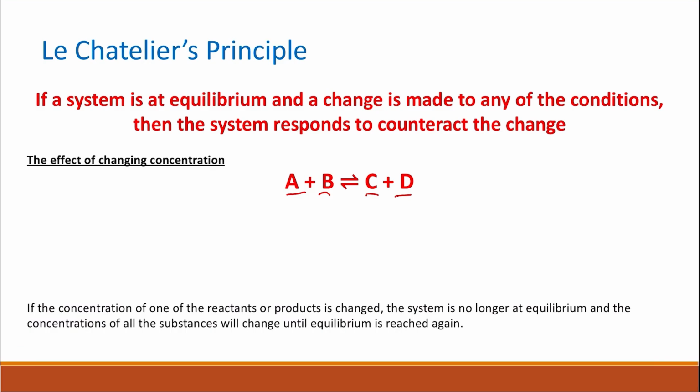So how will the system respond? Let's see what happens if we increase the concentration of one of the reactants, reactant A. The system will respond by trying to re-establish the ratio, so it will try to decrease the concentration of reactants and increase the concentration of products, which means the forward reaction will prevail.